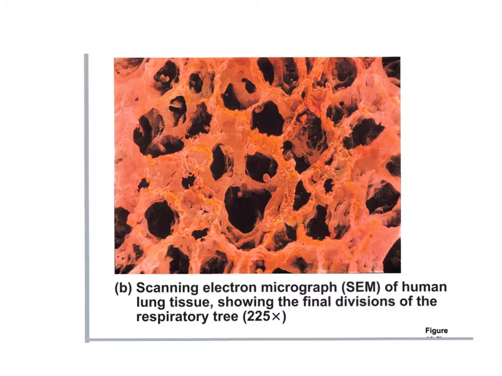When we get to the respiratory zone: alveolar ducts, alveolar sacs, alveoli. So you should be able to follow the path of air as it is inhaled from the nose all the way down to the alveolus. You could do that? I hope so.